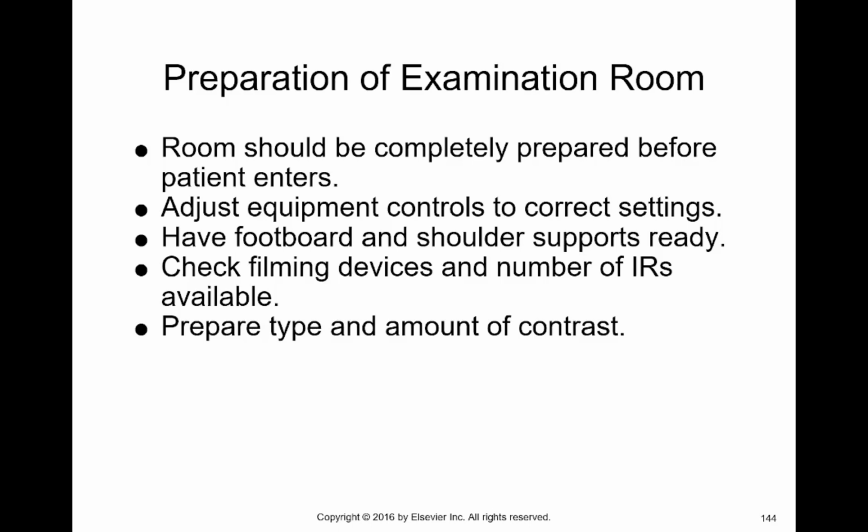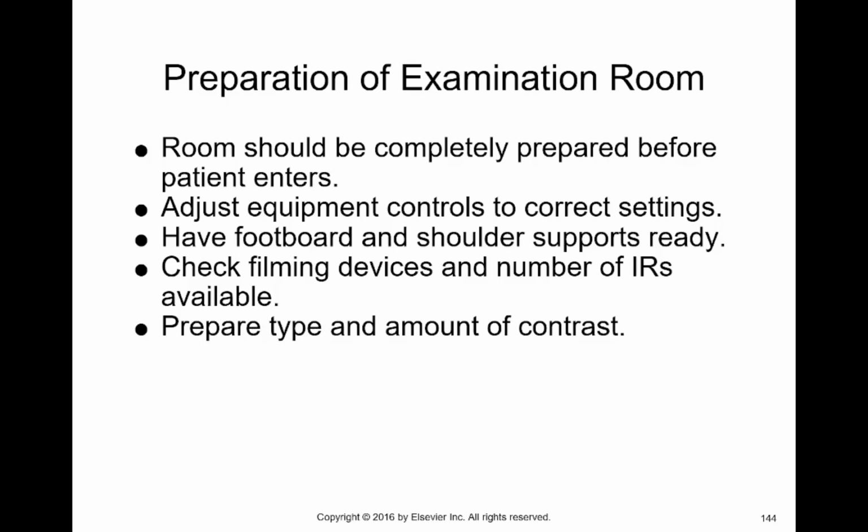So preparation of the examination room really depends on what you're doing. If you're doing the full gamut, esophagram, upper GI, small bowel follow through, then you're going to have the table set up with the footboard on. Make sure you have plenty of image receptors if you're using CR. If you're using DR, of course, you're just going to use the same one over and over again.